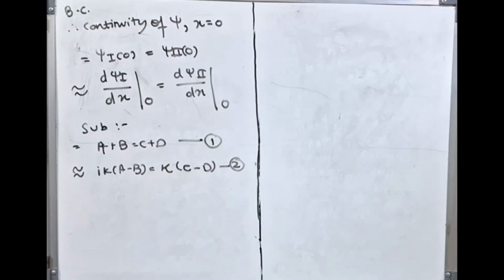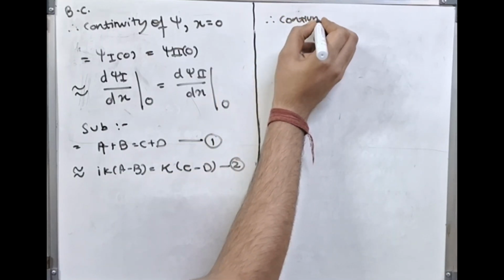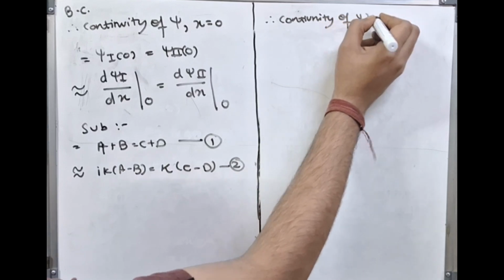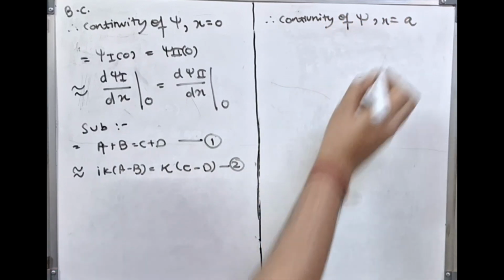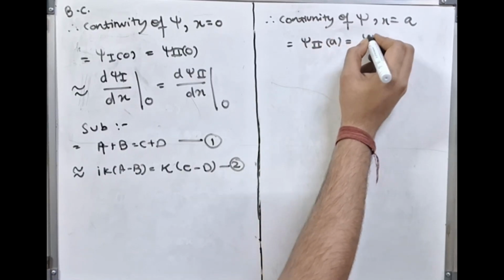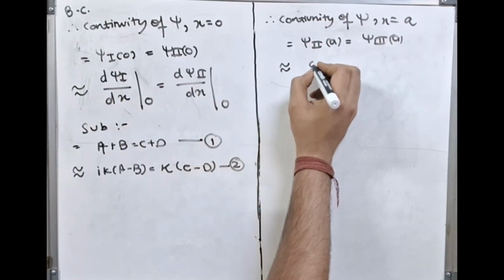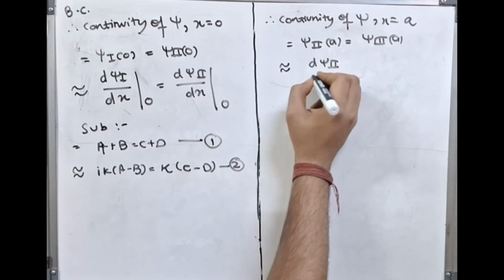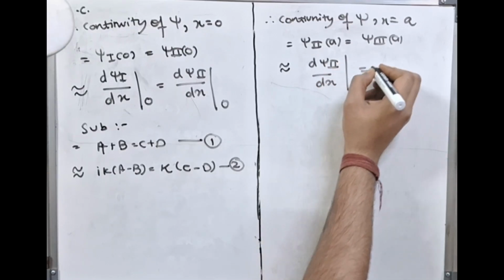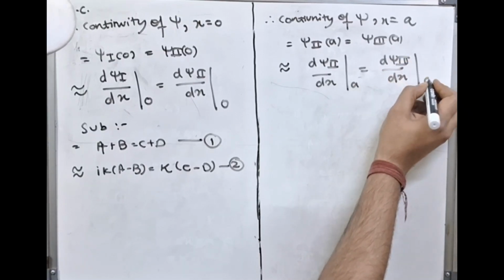Now we need to construct continuity equation of psi again, but for x is equals to a. So therefore continuity of psi at x is equals to a. So psi 2 of a is equals to psi 3 of a, and similarly what we did here, d psi 2 upon dx at a and d psi 3 upon dx at a.